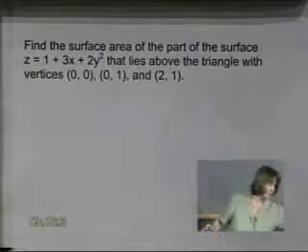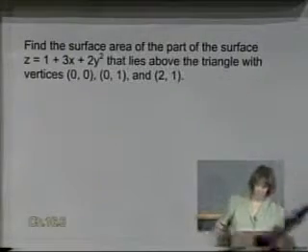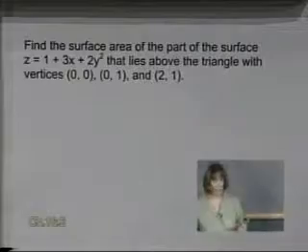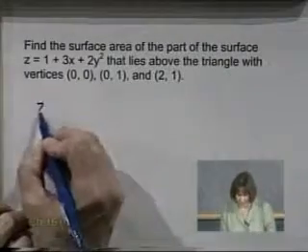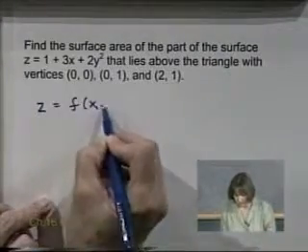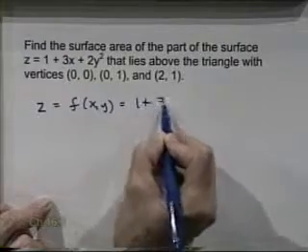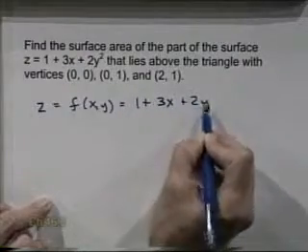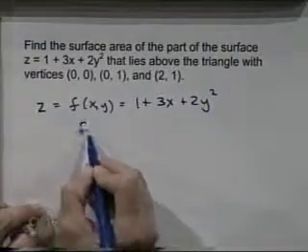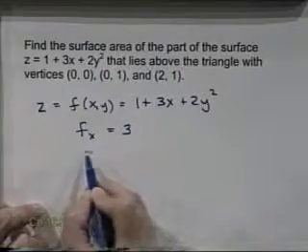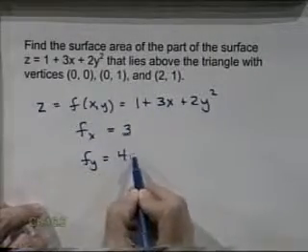All right, so first of all, we want to get our fx and fy first. Z, which equals f of x,y, is equal to 1 plus 3x plus 2y squared. So fx is 3, and fy is 4y.